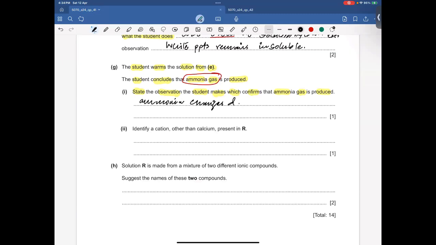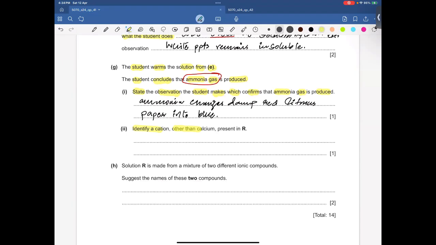Ammonia changes damp red litmus paper into blue.